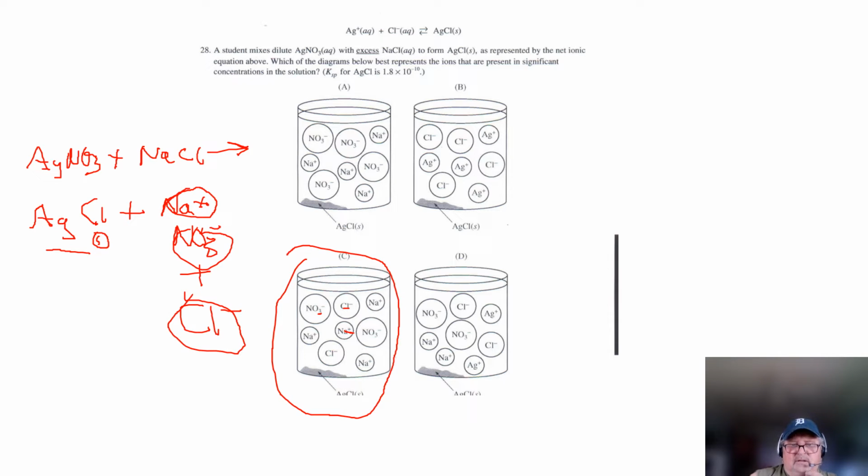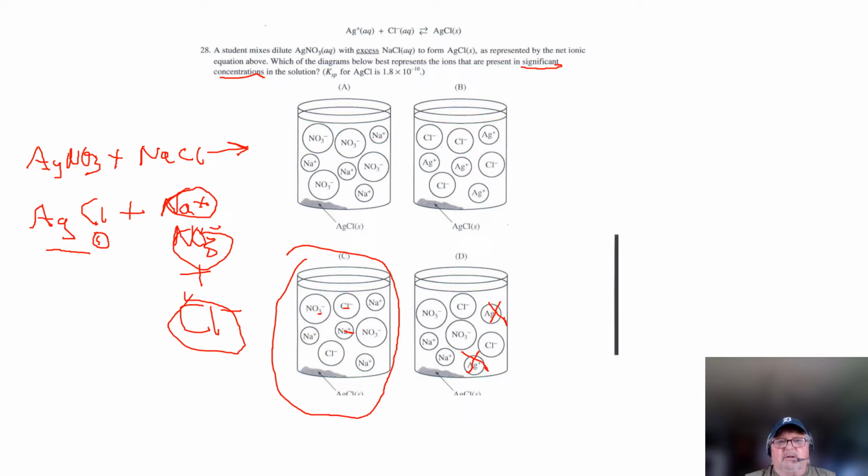D has sodium and nitrate. The problem with this one is it's also got the silver, which is there in a small amount, okay? But it says significant concentrations, and pretty much all of the silver has precipitated out.